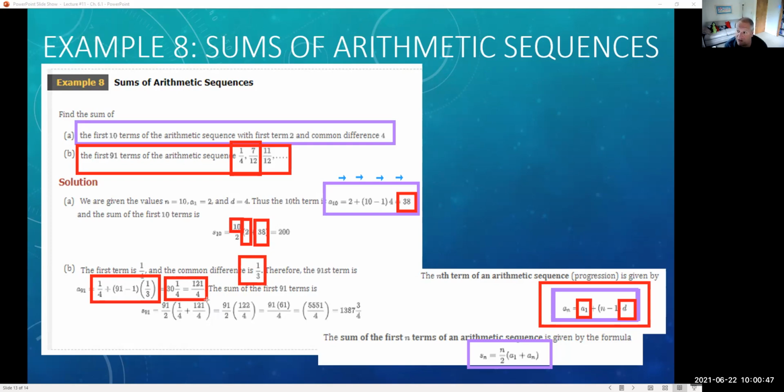So now that you have the 91st term right there, you also have the first term, which is 1/4, and you have the number of terms, which is 91. You can figure out the sum of the first 91 terms now using this formula. This is borrowing right from here.